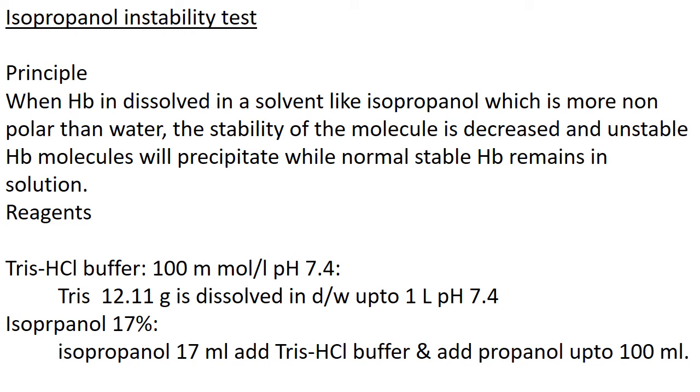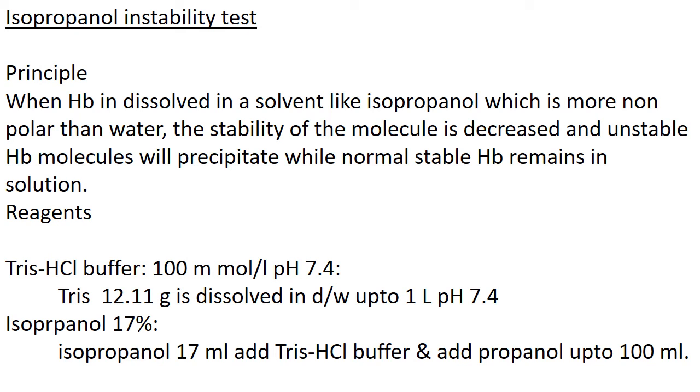The reagents required here are tris HCl buffer, here 100 millimole per liter with the pH 7.4. Preparation. Tris 12.11 gram is dissolved in distilled water up to 1 liter, and the pH 7.4 is adjusted using hydrochloric acid.